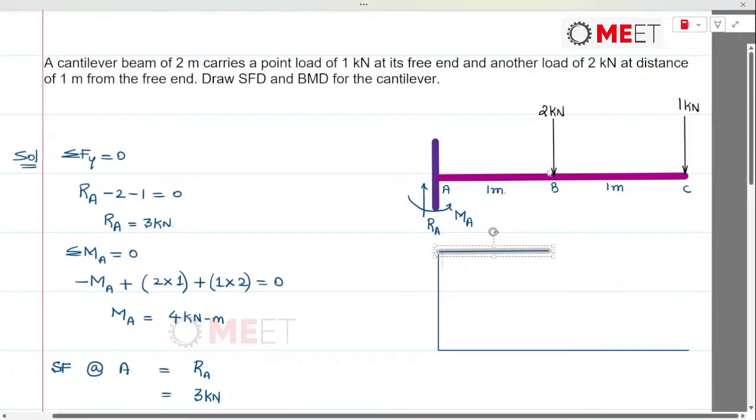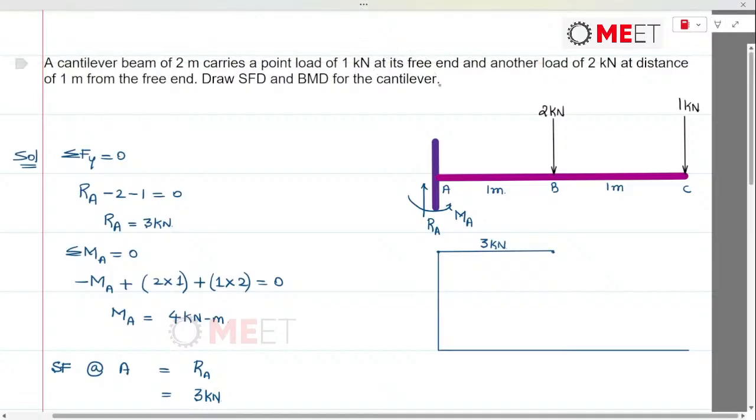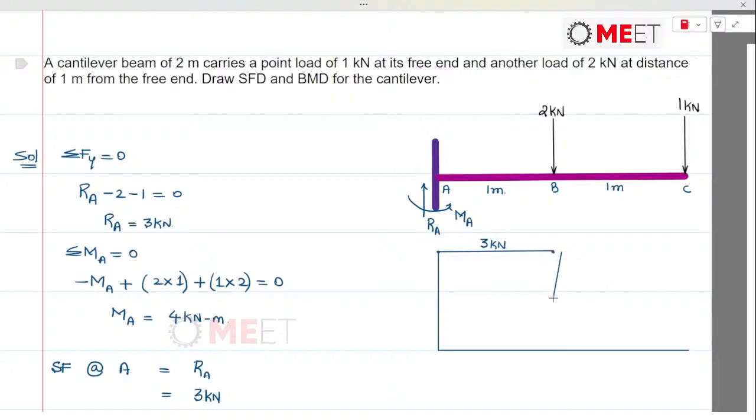Let me draw the SFD diagram with reference to the loading. This was point B, so this is 3 kilonewtons. From point B onwards, there will be a sudden drop in the shear force of 2 kilonewtons.